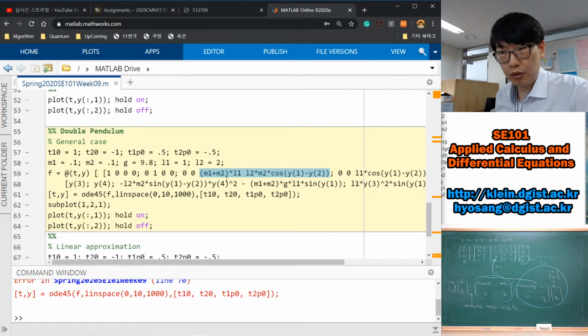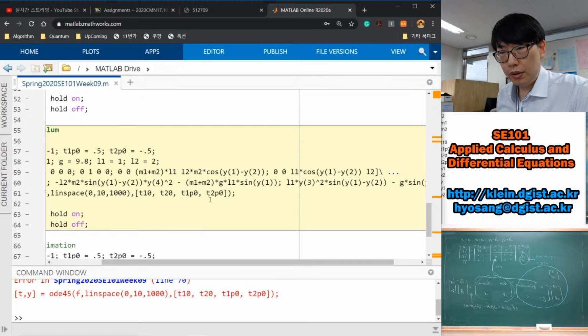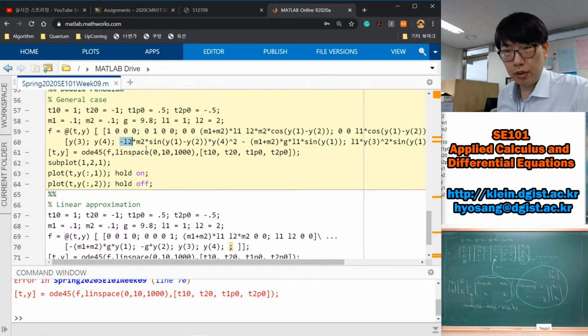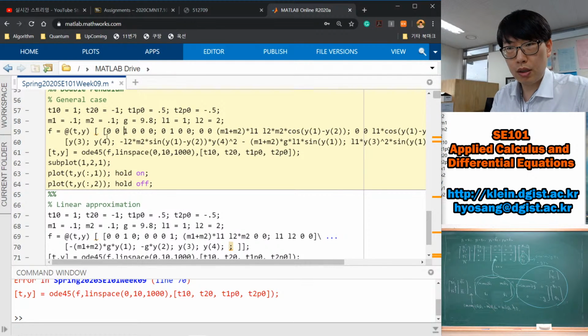I used the matrix multiplication, but this term is a little bit more complicated. So instead of simply y3 and y4, I have to change this to y1, y2, y3, or 4. Let me change it right now.